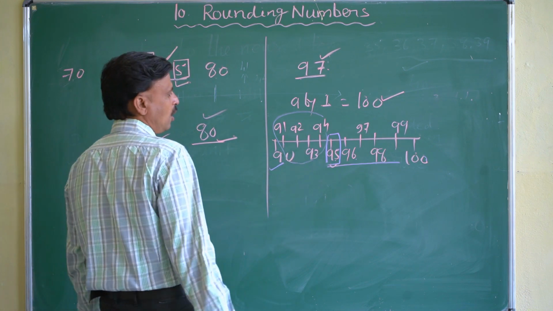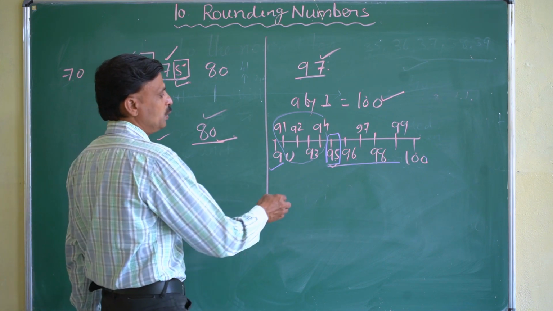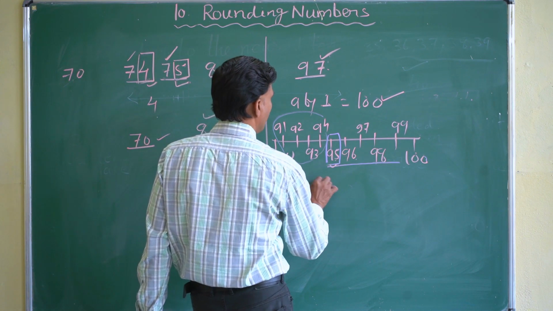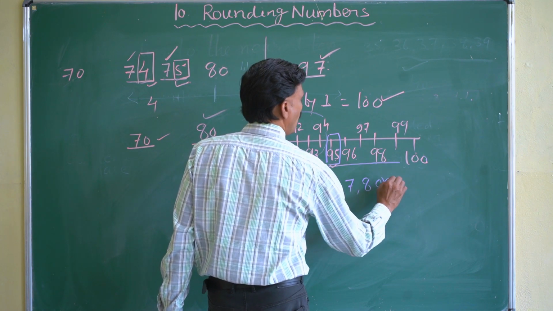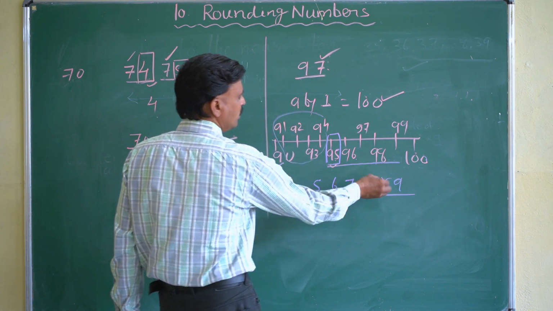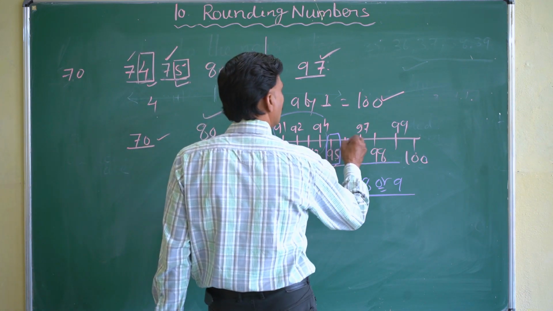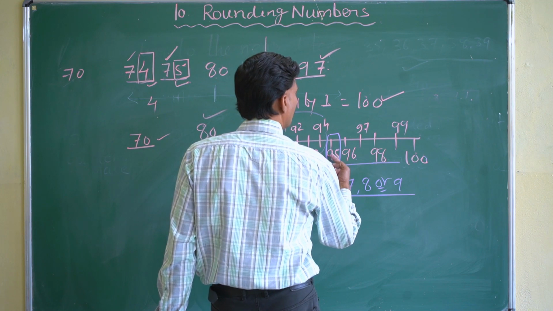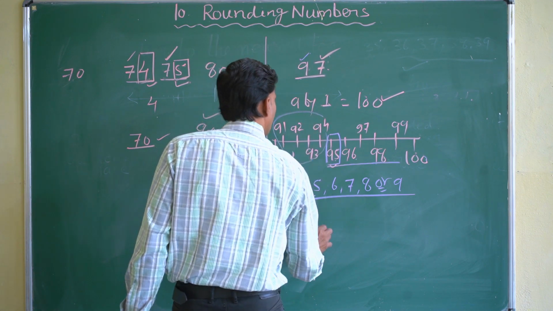Or as per the rule also, if the unit place digit is 5, 6, 7, 8 or 9, we will increase the 10th place digit. In 97, the 10th place digit is 9.